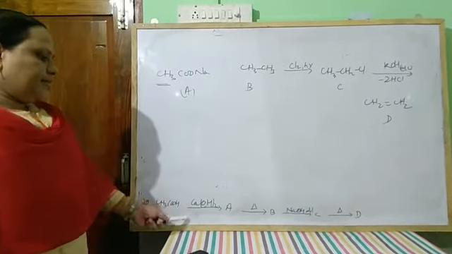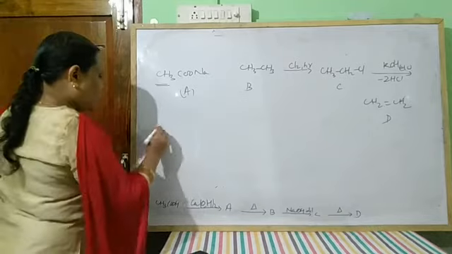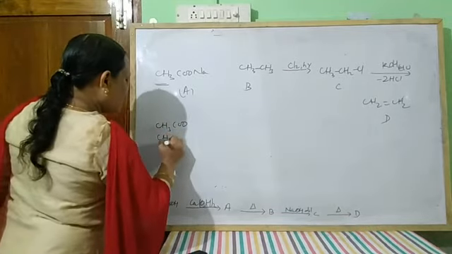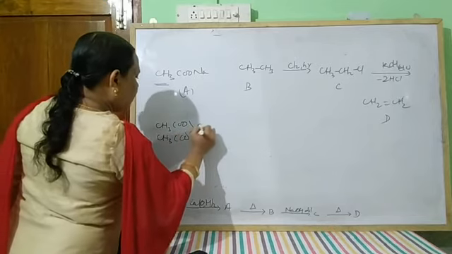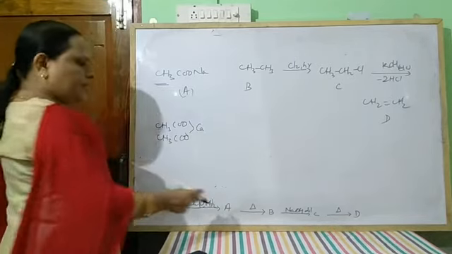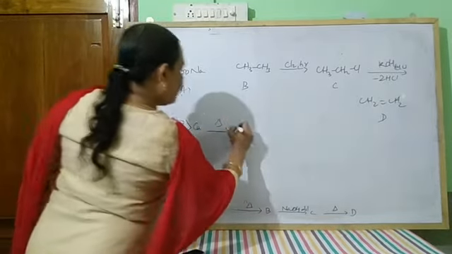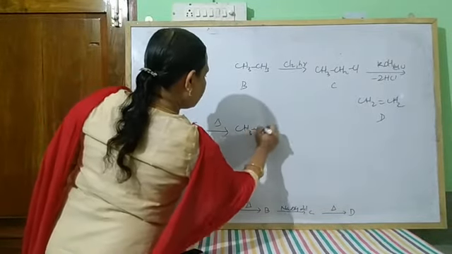Acetic acid reacts with calcium hydroxide. It forms calcium acetate. When it undergoes dry distillation, it forms acetone.